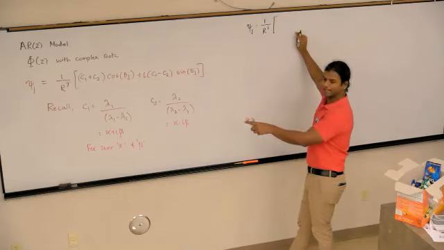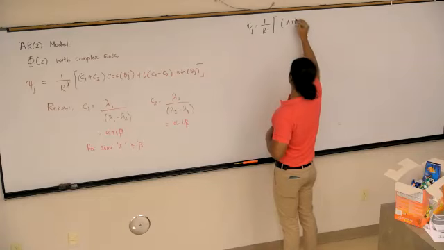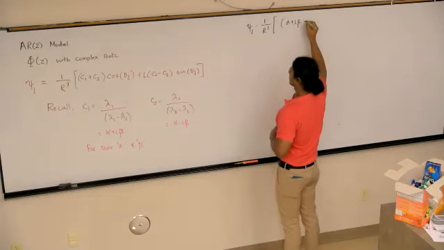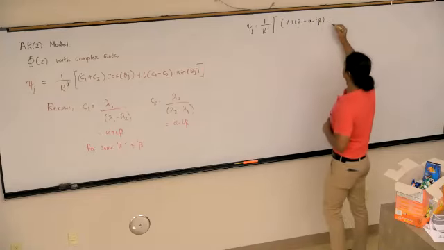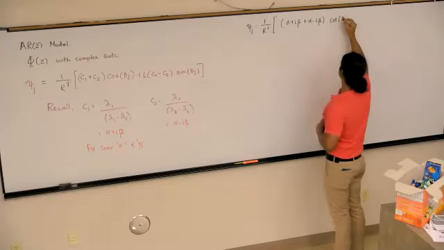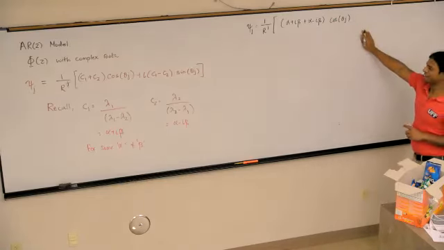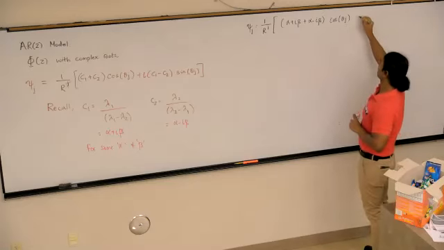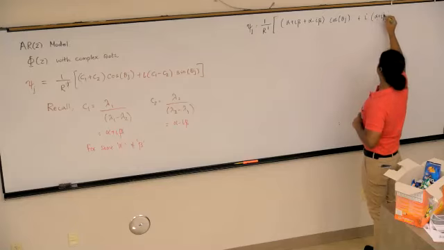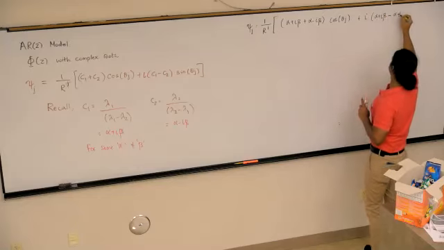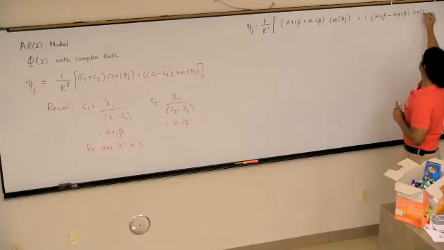If I plug in alpha plus i beta and alpha minus i beta, we'll have cosine theta j plus i times alpha plus i beta minus alpha plus i beta, sine theta j.